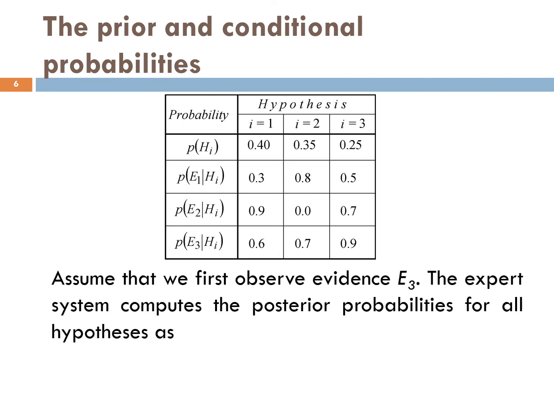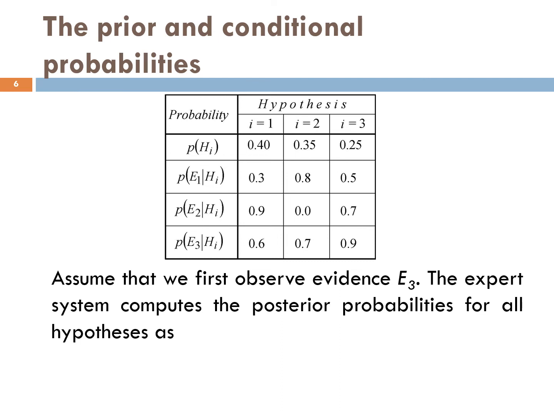Assume that we first observe the evidence 3. The expert system computes the posterior probability for all the hypotheses. You require all the terms. When we observe evidence 3, we are going to compare it with the prior probability of the hypotheses.